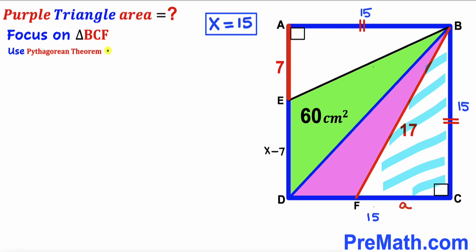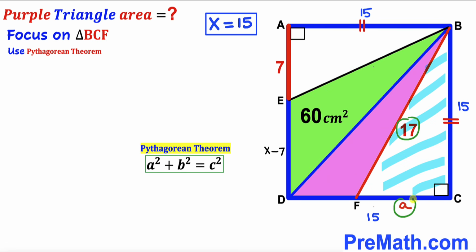So we apply the Pythagorean theorem: a square plus b square equals c square. In our case, the hypotenuse is 17, whereas the two other legs are lowercase a and 15. Filling in the blanks, we get a square plus 15 square equals 17 square.